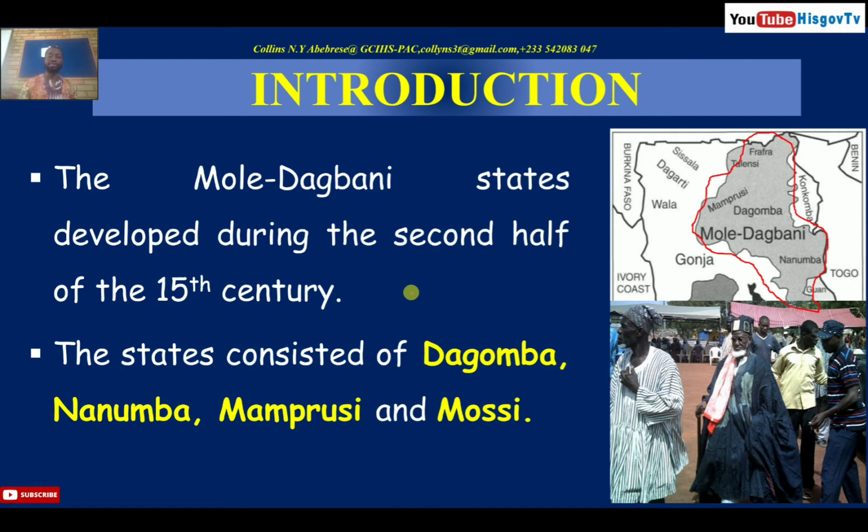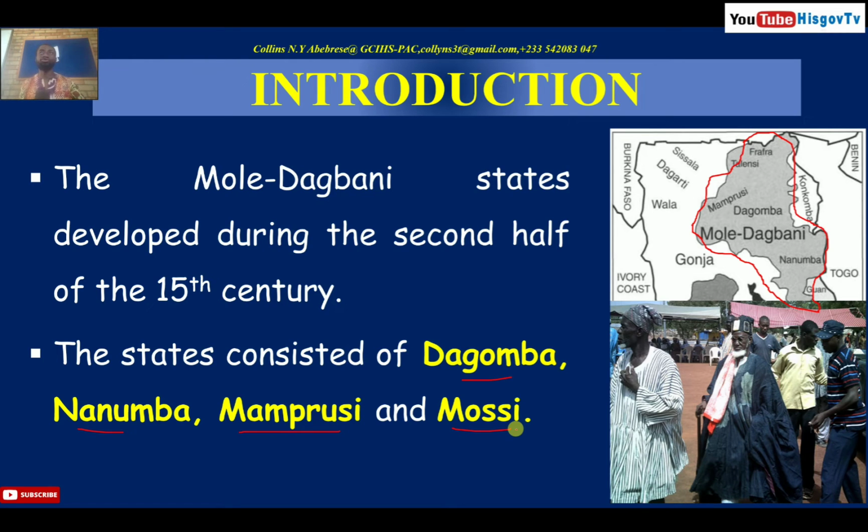The same thing is true of the Mole-Dagbani. The states that make up the Mole-Dagbani kingdom are the Nagomba state, the Nanumba state, the Mamprusi, as well as the Mosi state, who are in Burkina Faso. So these four states make up the Mole-Dagbani state.